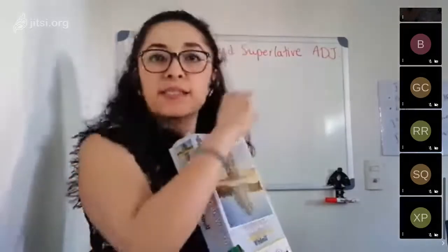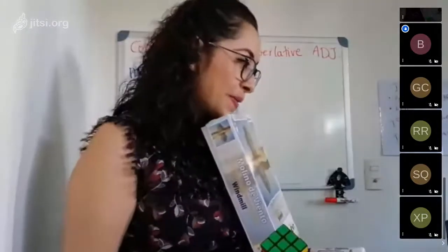Good. So I need three volunteers to read these three sentences on the chat. Volunteers, raise your hand. I need to listen to you. Come on. Anel, please read one of the sentences or tell us your example.